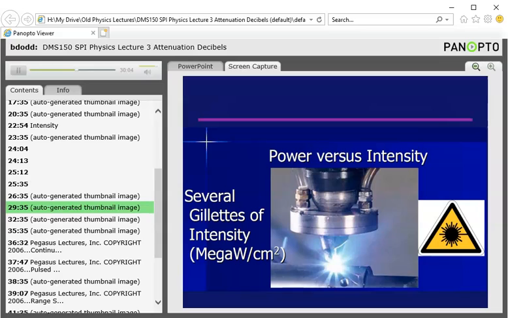So power is proportional to the amplitude squared. So that means intensity, I won't say equals, but I'll say it's proportional to amplitude squared over area.